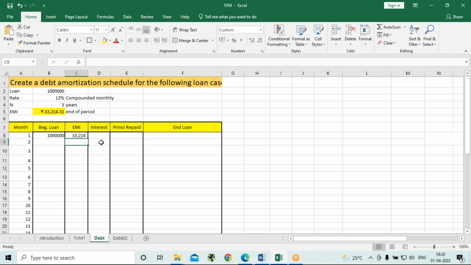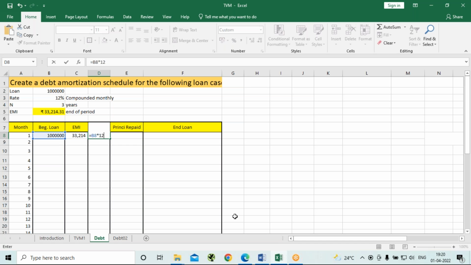The next, how do we calculate the interest? This interest should be calculated as equals to the beginning loan amount into, what is the rate of interest?